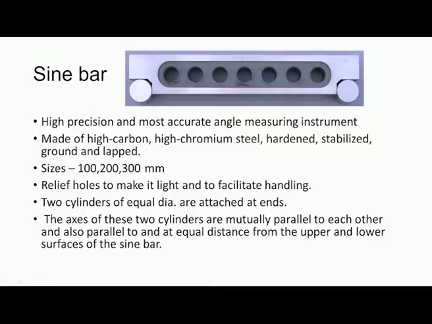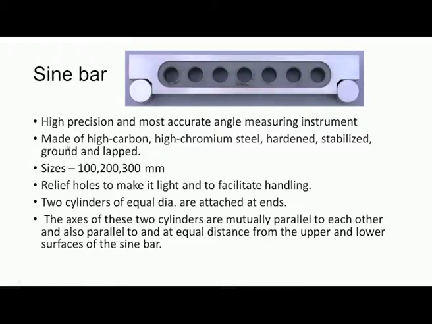This is the body of the sine bar and we have two very precisely machined rollers fixed to the two ends of the sine bar, and we have circular holes here to reduce the weight of the sine bar. So, this is a very high precision and most accurate angle measuring instrument. We can measure the angles even to an accuracy of a few seconds.